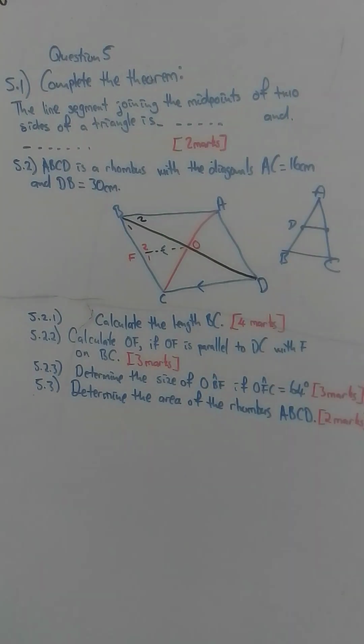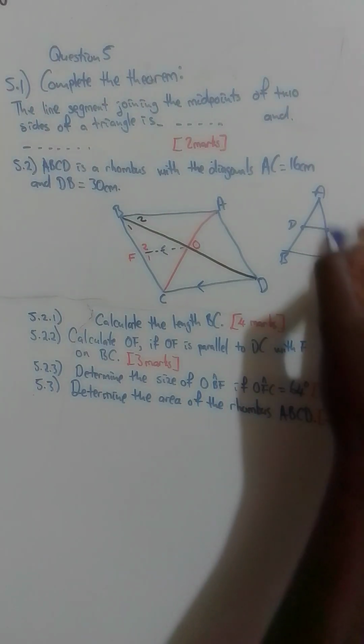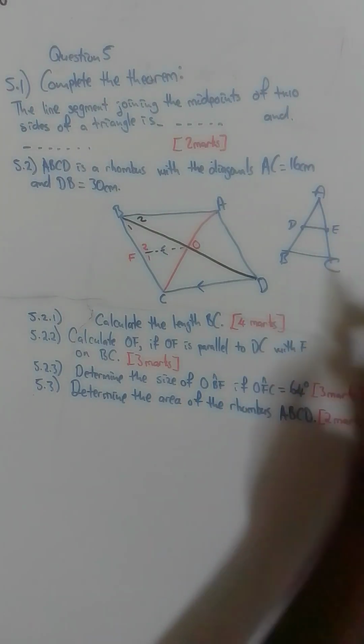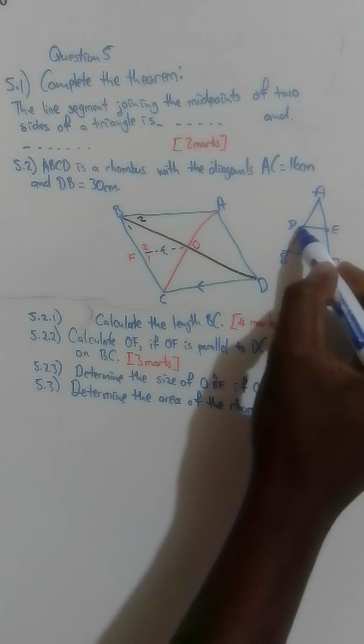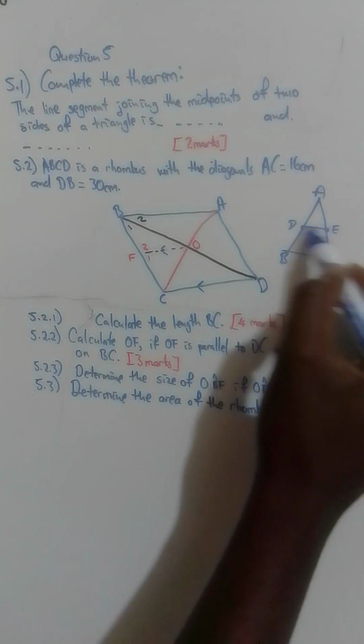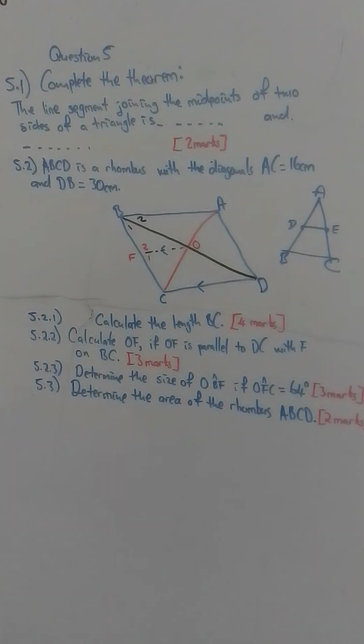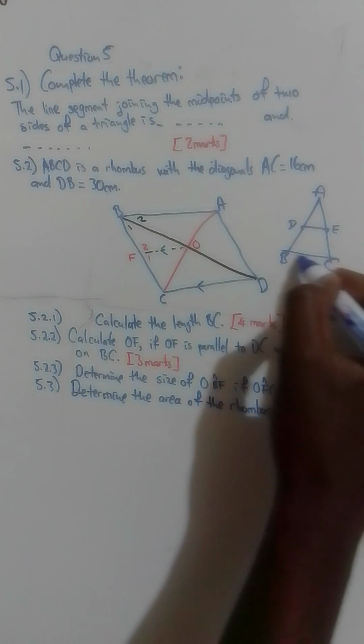We call this midpoint of line AC E. Now this new line which we have formed, DE, is made up of two different midpoints. So the first thing that we know is that this line DE is parallel to line BC.